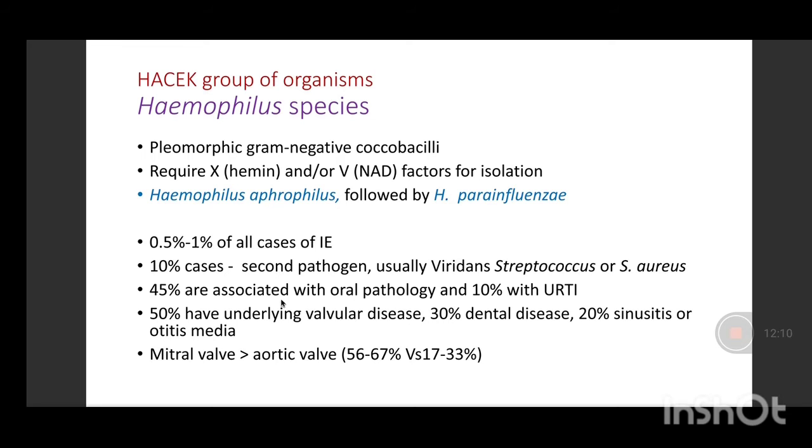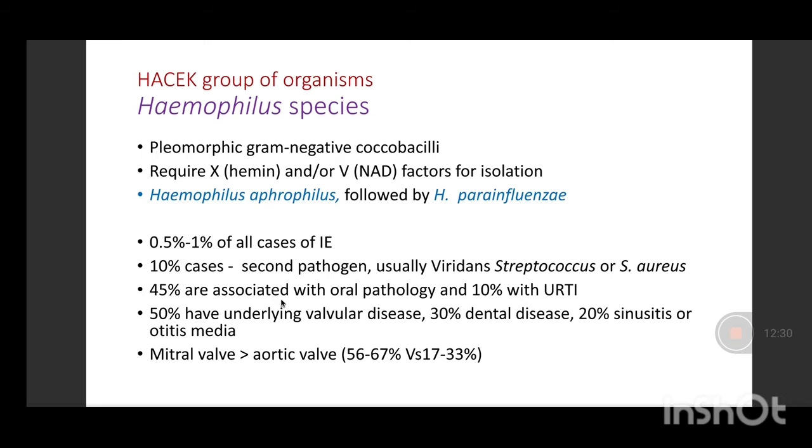In 10% of the cases which have Haemophilus species as a cause of endocarditis, viridans streptococcus or Staph aureus is also isolated along with them. So that is another important thing. So co-infection with these is also present.